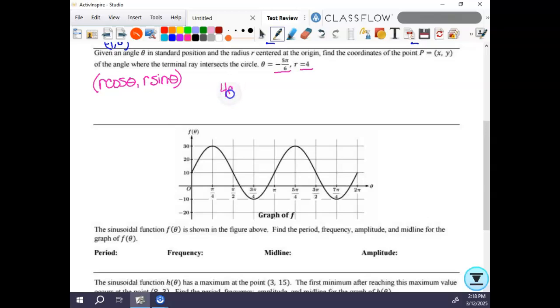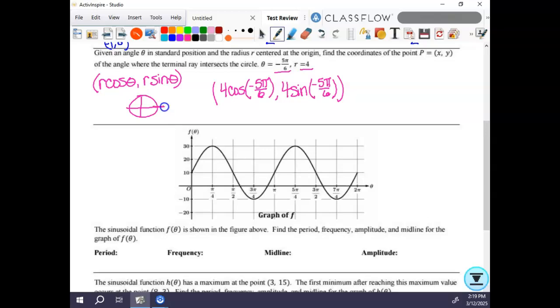So this is going to be 4 times the cosine of -5pi/6 and 4 times the sine of -5pi/6. Even though I don't necessarily need to draw the whole thing, a little something might help. I need to figure out where -5pi/6 is.